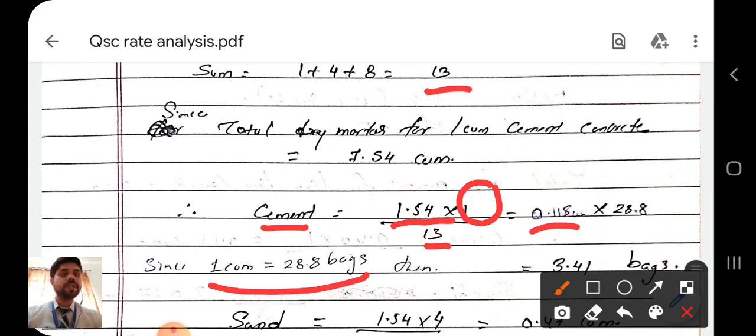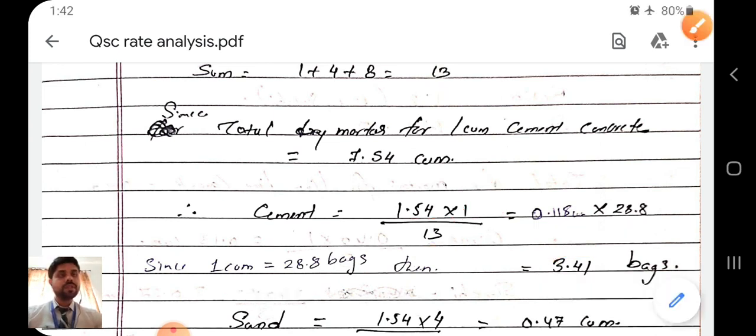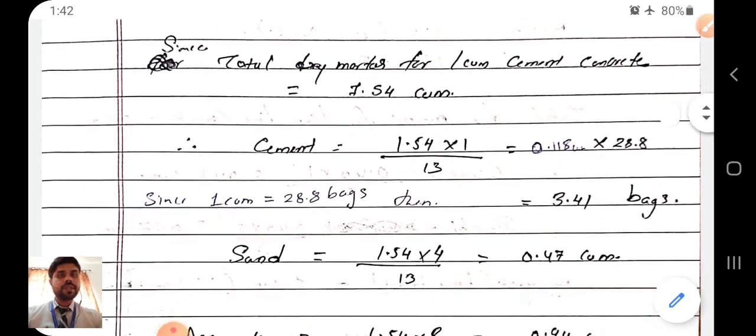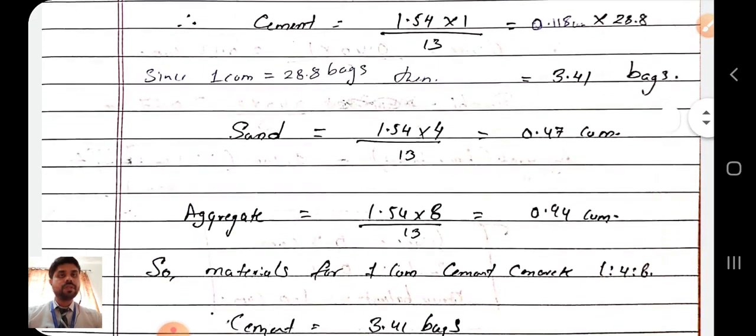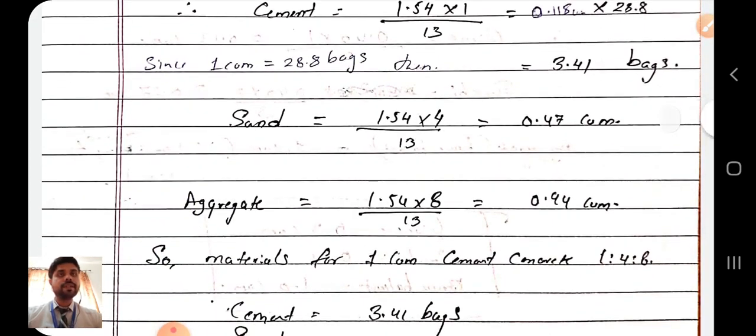So we will directly multiply it by 28.8, and then we get 3.14. So this is the total quantity of bags of cement required for 1 cubic meter of cement concrete of ratio 1:4:8.